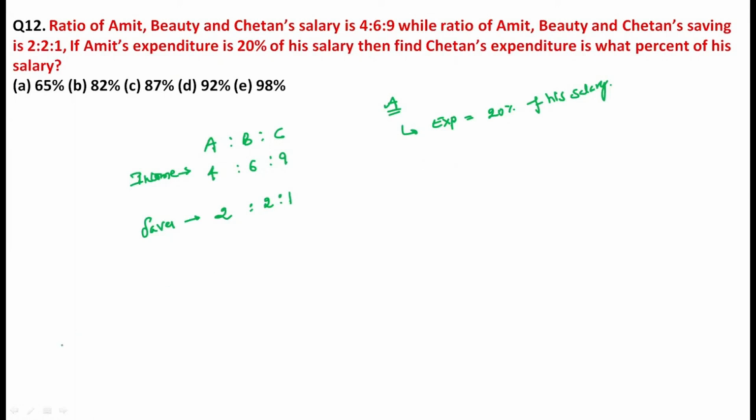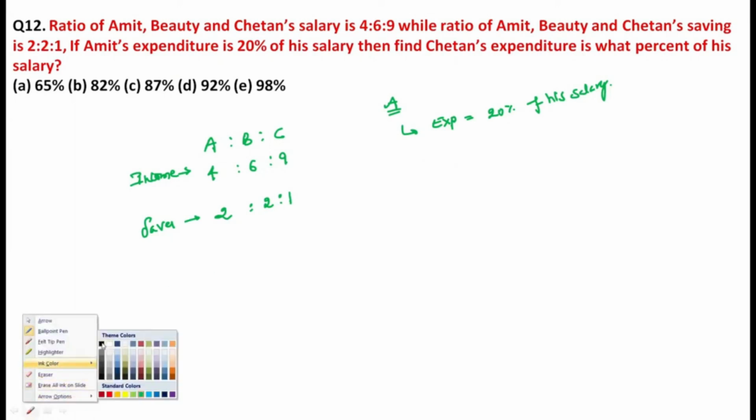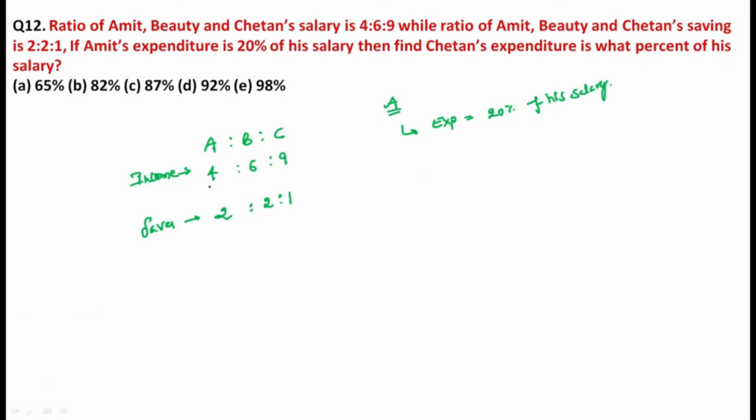You can take it directly. Otherwise, if you want the specific procedure for solving this kind of question, see, the incomes are 4x, 6x, 9x, and take the savings as a completely different amount: 2y, 2y, and y. We know the relation: expenditure is equal to income minus savings.